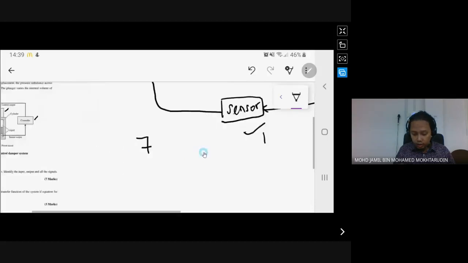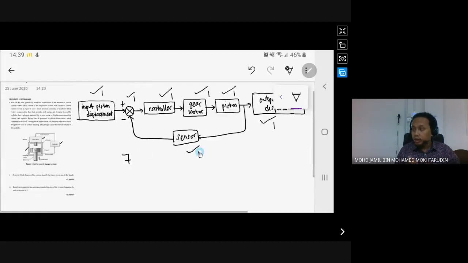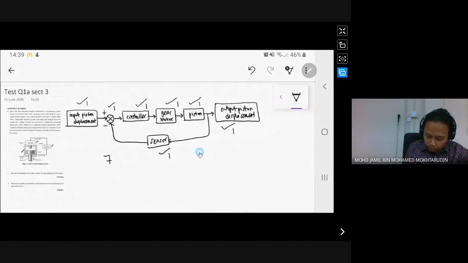So you know that the top one is cascade, and this part will be your feedback.